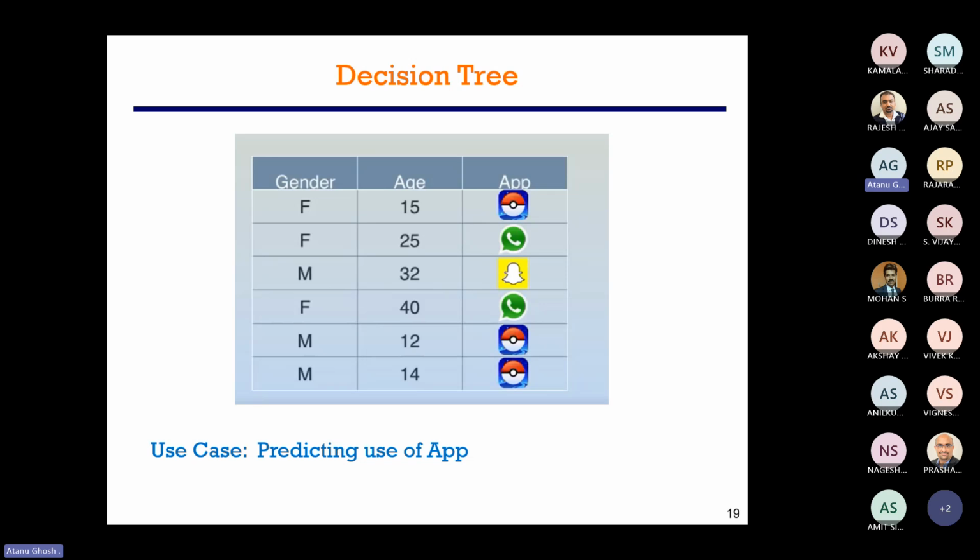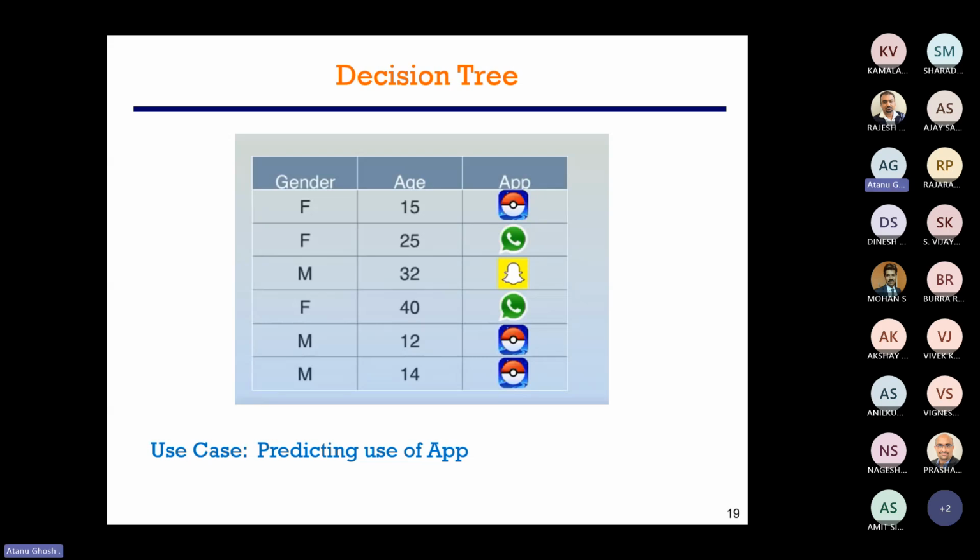But obviously the complexity comes because the data set is not so small, whereas with humans, we can figure out which feature to be used to build the decision tree. We don't know whether we should make it less than 20, greater than 20, or less than 30, greater than 30.